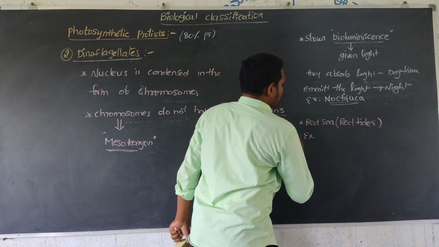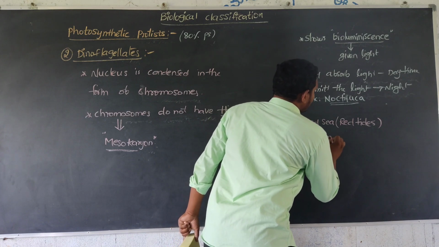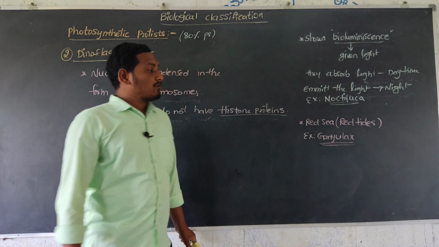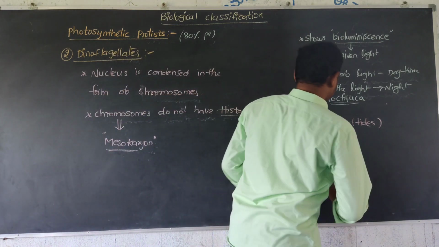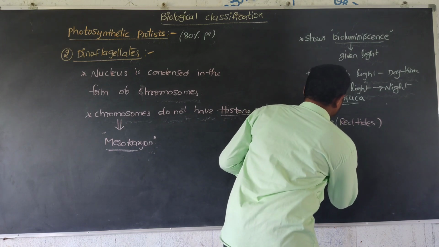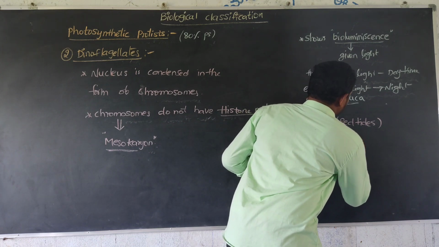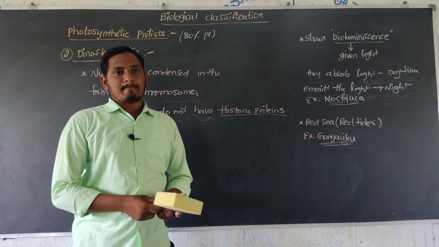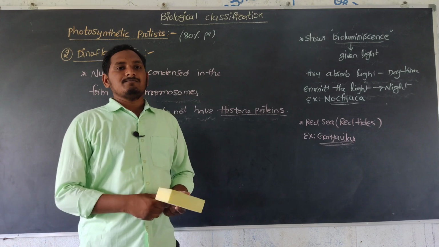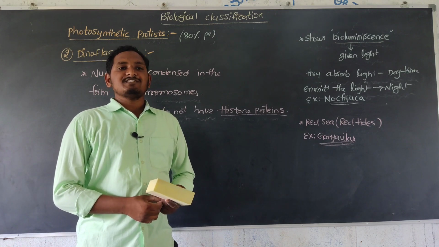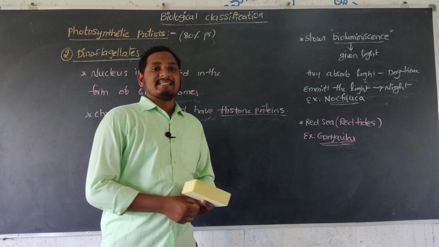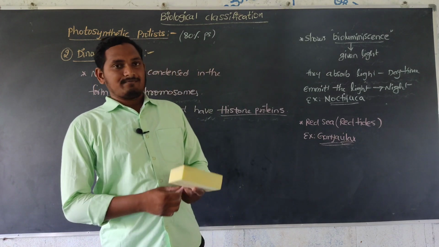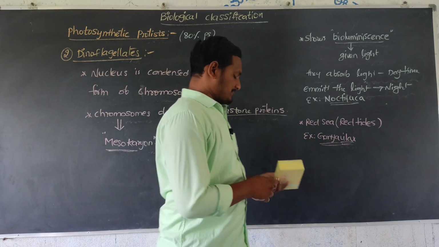Example, Gonyaulax. This dinoflagellate releases pigments into the water, and the water changes to red in color. That is red sea, mainly formed by Gonyaulax.